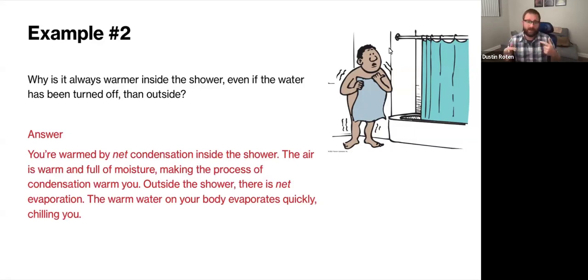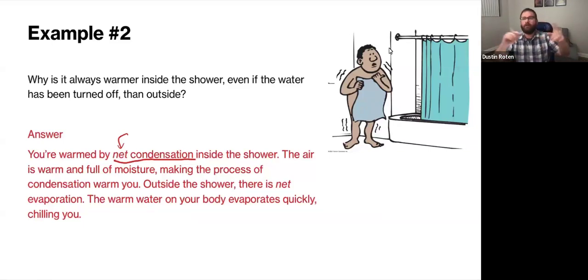We can actually think about this in terms of evaporation and condensation. Inside the shower, you're warmed by net condensation. Remember, the word net usually means multiple things are happening at once, but just one of them is sort of overtaking the others.